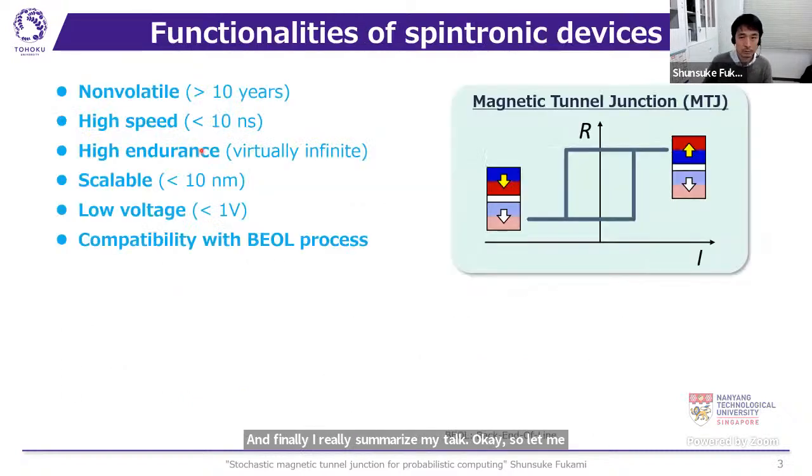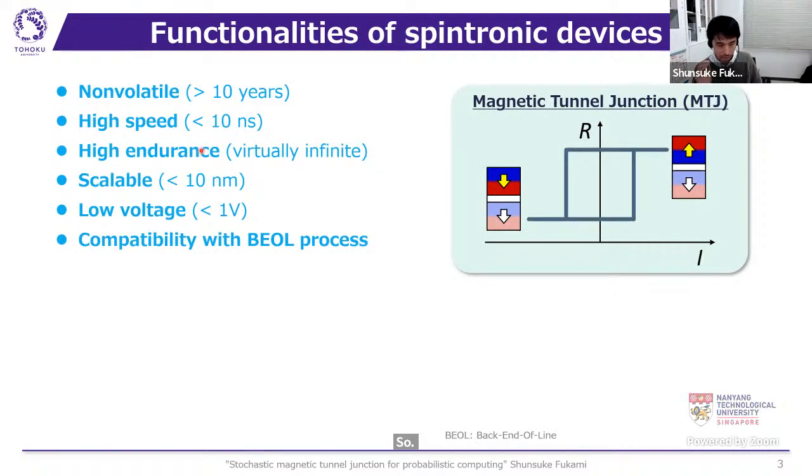First I will start from the representative functional spintronic device, which is the magnetic tunnel junction. As I believe most of you know well, magnetic tunnel junctions can represent information as the direction of the magnetization of the free layer, which can be switched by applying a current through the MTJ.